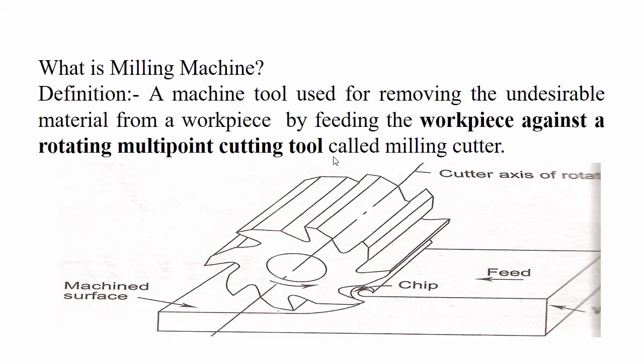Let us differentiate what we already discussed in the lathe operation and here in the milling operation. In lathe there used to be only one point of cut, and the workpiece is rotating and the tool is fed against the rotation. Whereas in milling operation, to remove the unwanted material from the workpiece, we rotate the tool and we feed the workpiece against the rotation of the tool. That is exactly opposite to the lathe operation, right?